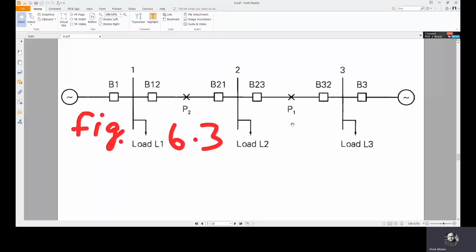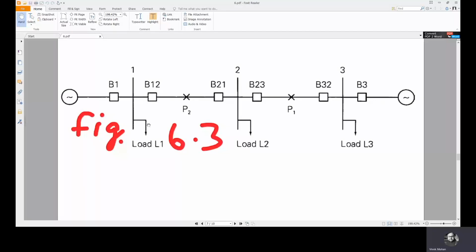So breakers B12, B21, B23 and B32 should respond only to faults in their forward direction, or to the line sides, which means these breakers should take the directional feature into consideration.